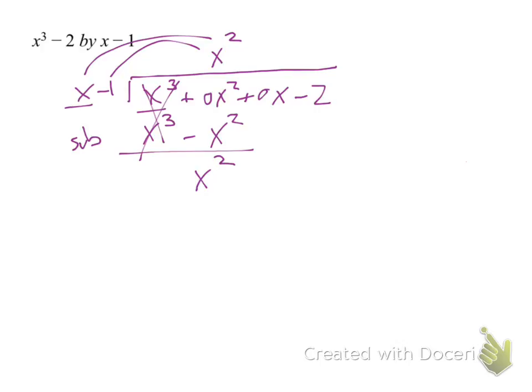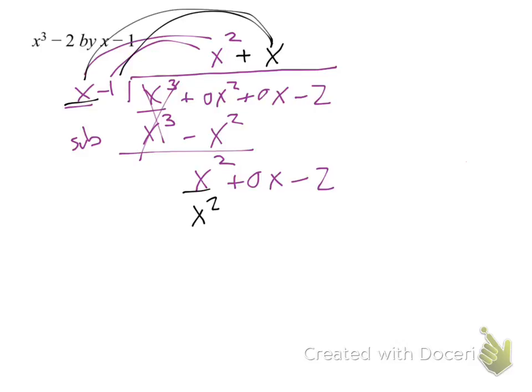And I'm going to start over again, so I'm just going to drop everything here. Notice that I brought the 0x with me. I don't want to lose that. And how do you make an x squared? Multiply x by a positive x. And an x times x is x squared.